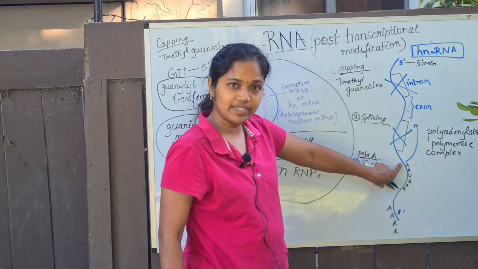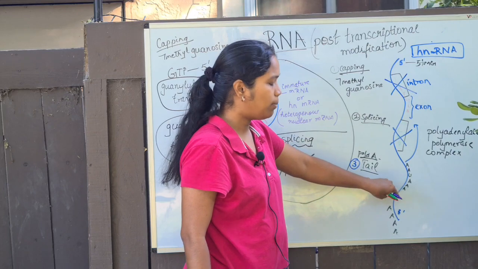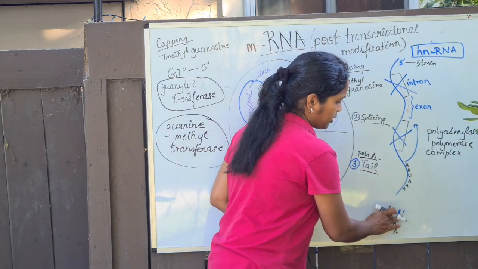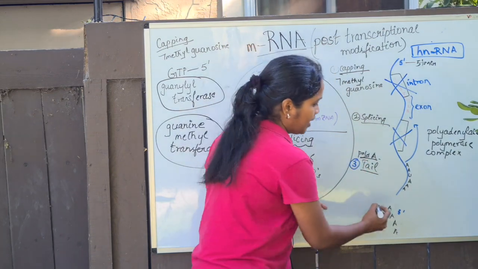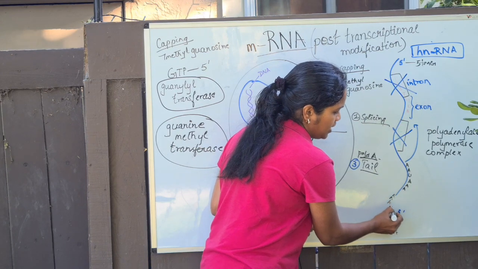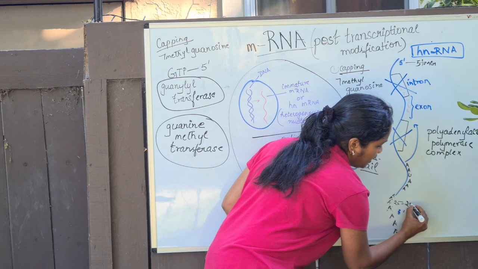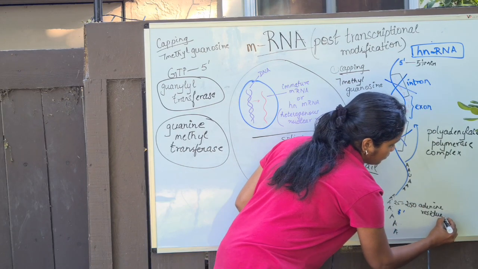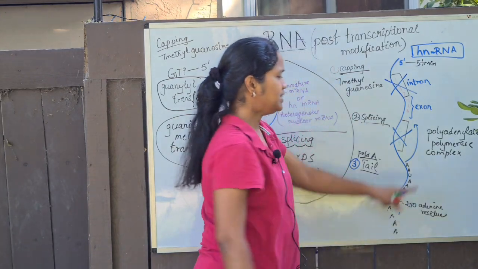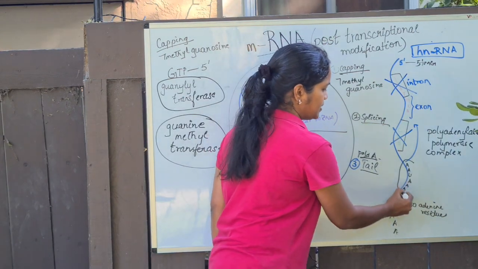So, once this sequence is identified, the polyadenylate complex removes a part of the immature mRNA at the 3' end. Then it will add adenine residues to this 3' end. The adenine residues can be approximately 25 to 250 adenine residues, added to this 3' end by the polyadenylate polymerase complex by identifying this sequence.